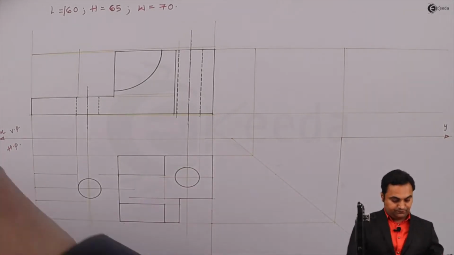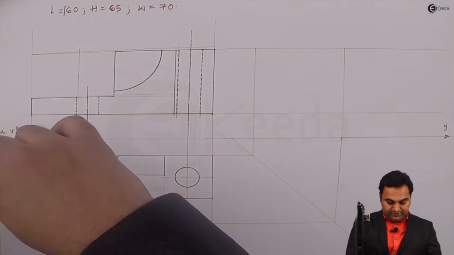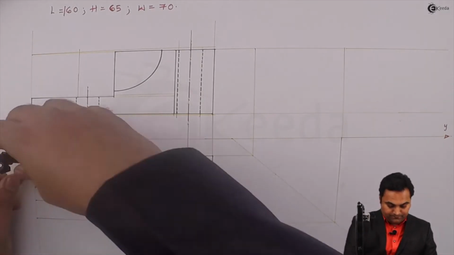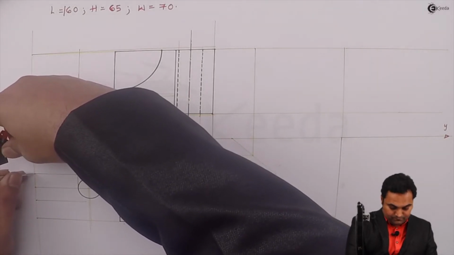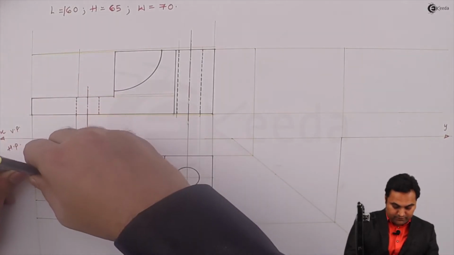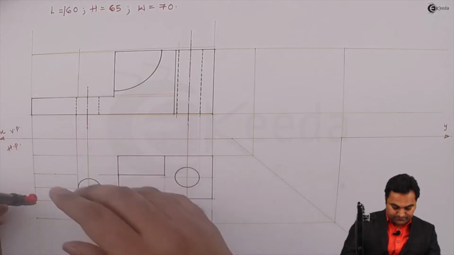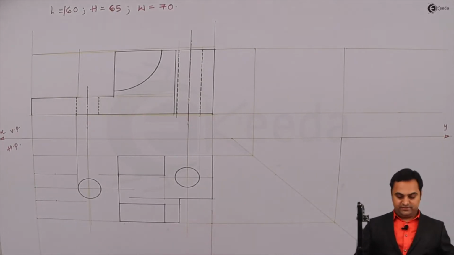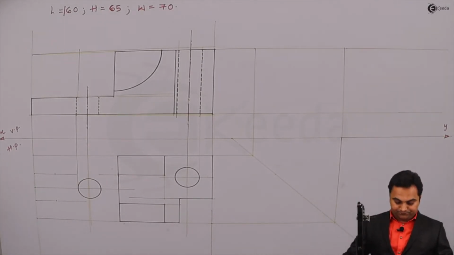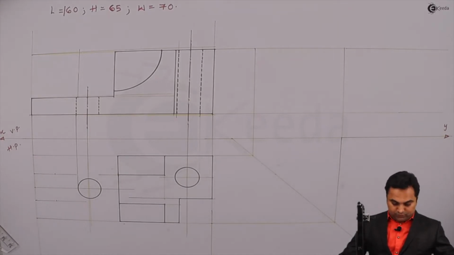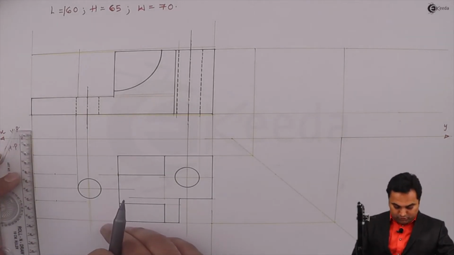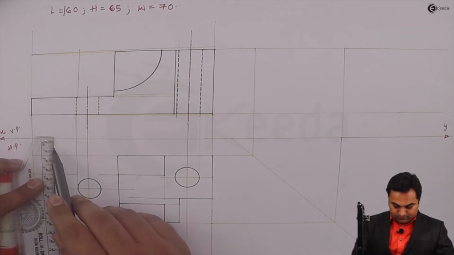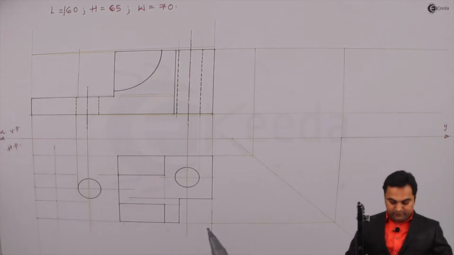That is, I'll be taking this 20 mm, marking it here to get the center. Similarly over this side to get the center, and then through them I'll draw light vertical lines.